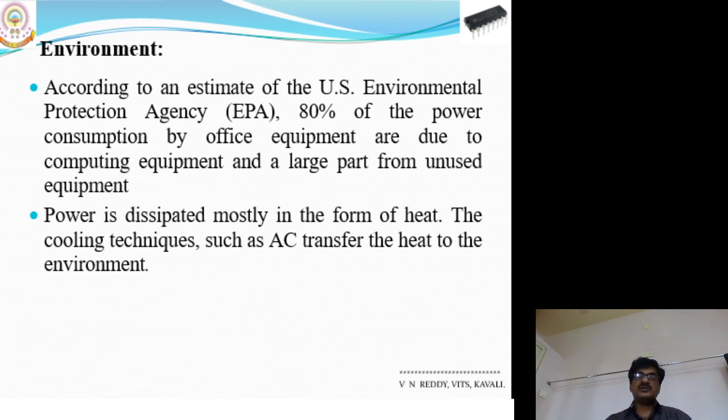The power consumption in the electronic system affects the environmental conditions. In order to avoid all these effects, we need to concentrate on low power systems. That is the importance of low power.